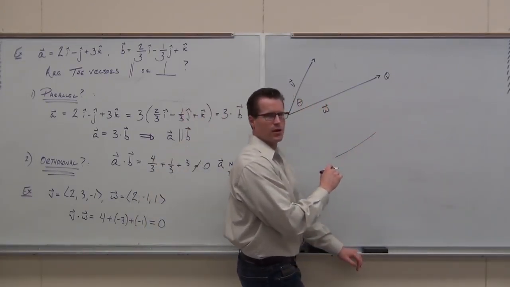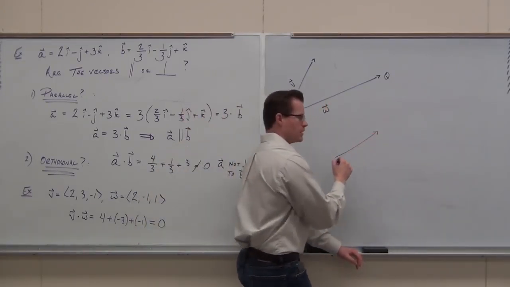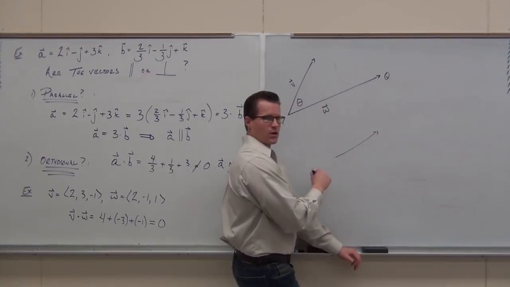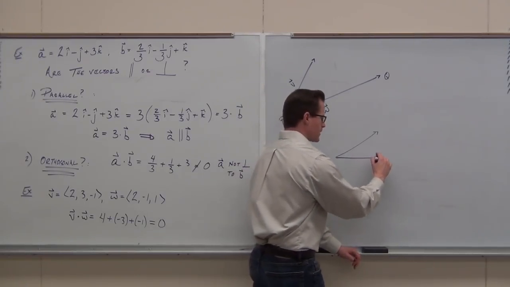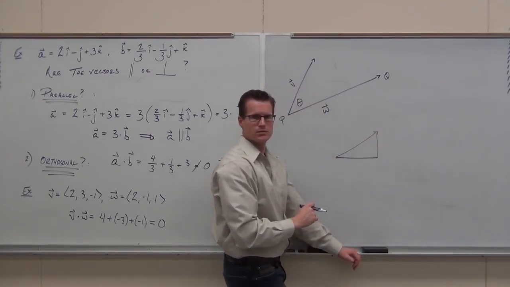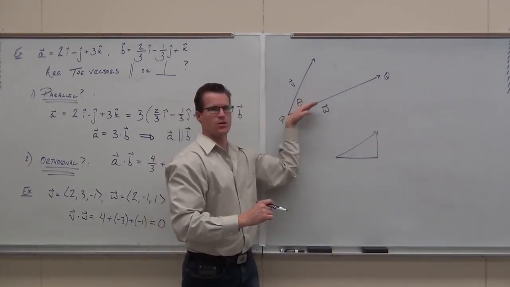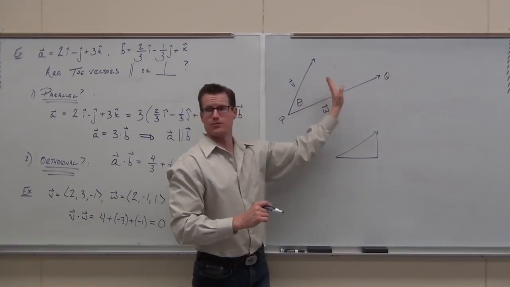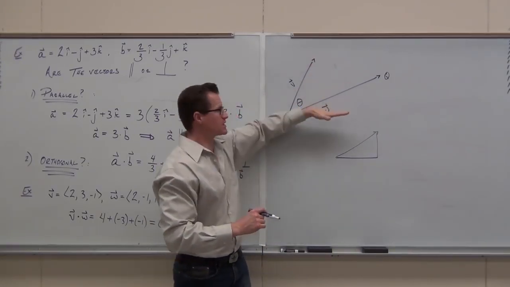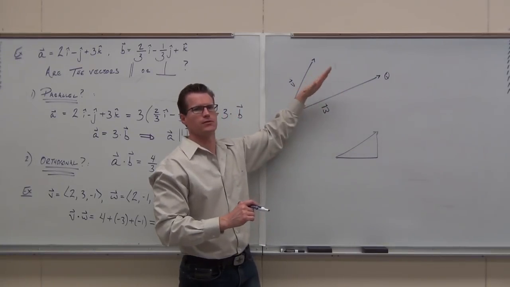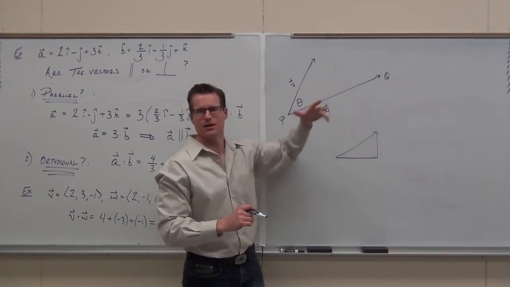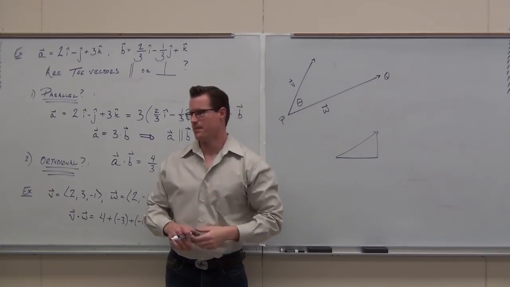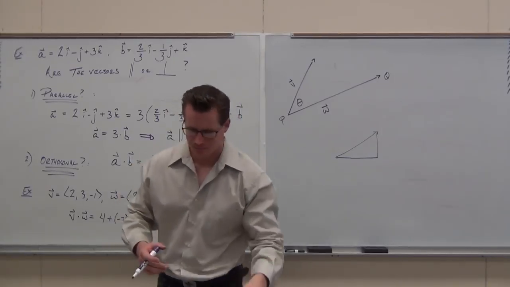Here's a vector. You don't need to write it, just watch. True or false? I can always break a vector into its horizontal and vertical components. True. Think of this as the horizontal and that as the vertical. It's the same thing, it's just not horizontal. It's along a different vector. Does that make sense?